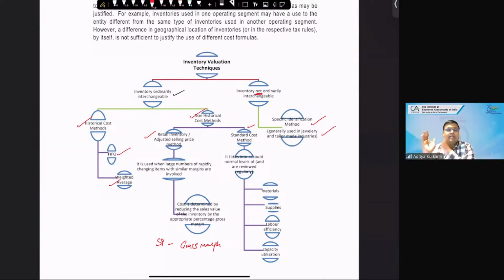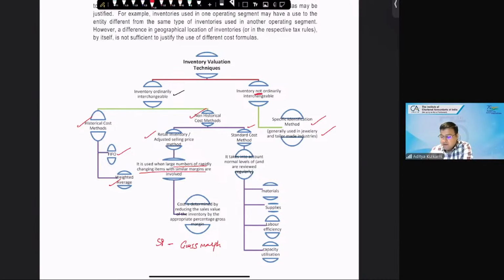You can follow adjusted selling price mechanism. Are we okay with this? Yes. It is followed when large numbers of rapidly changing items with similar margins are involved. So typically your best example becomes your grocery store.